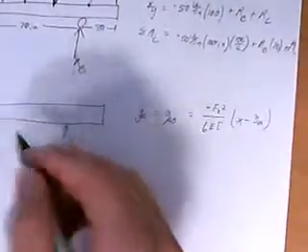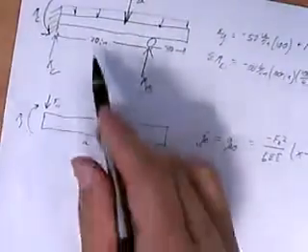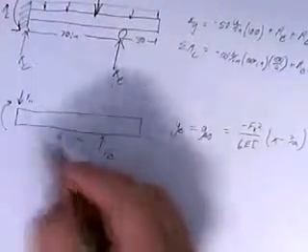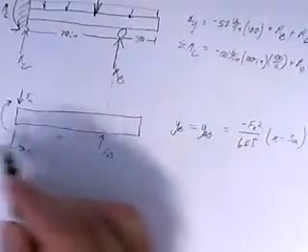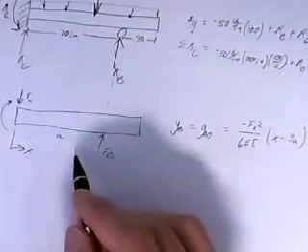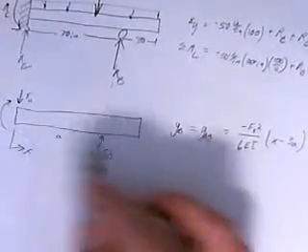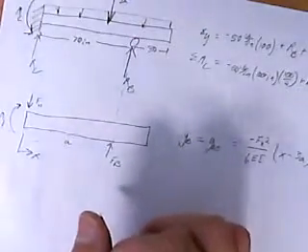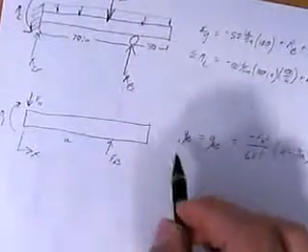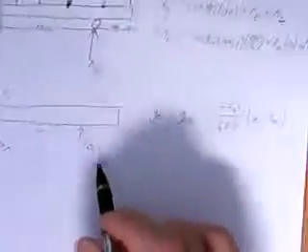Where a is the 70, this distance a over here, which is going to be equal to 70. X is the distance from the axis where the force is acting, so if we have x going this direction, x will equal that distance there as well, until the force. And I think that covers just about everything.